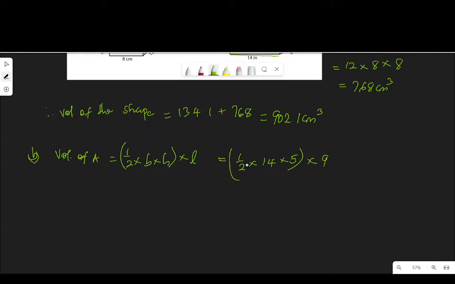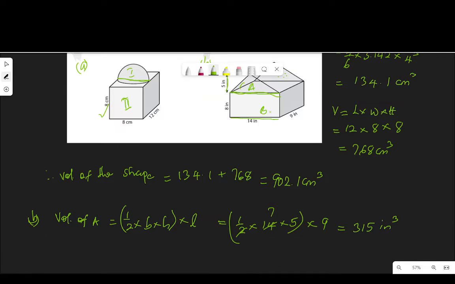And let's clear this out. 2 there is 1, 2 here is 7. 7 times 5 is 35. 35 times 9. 35 times 9 is 315. 315 inches cube as the volume of prism A, the prism on top.